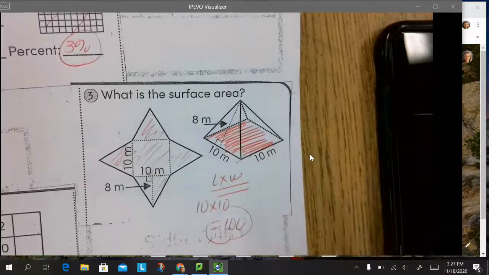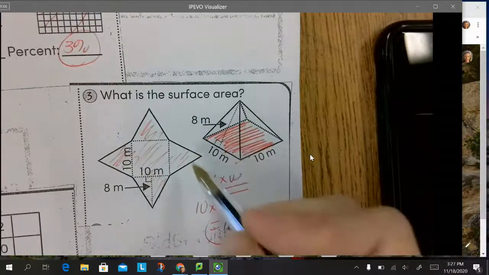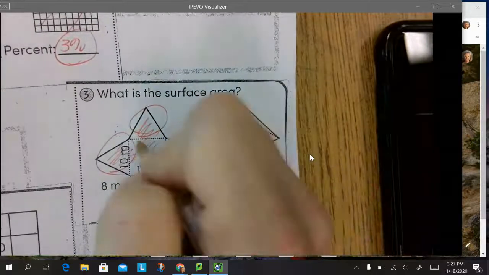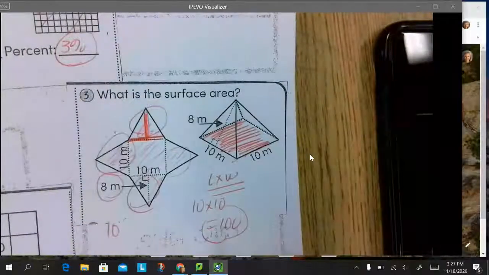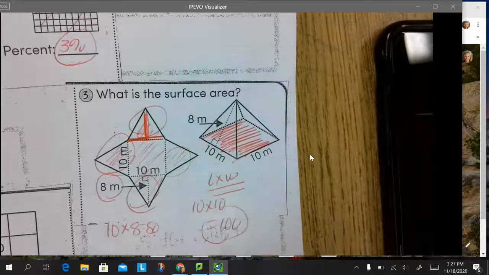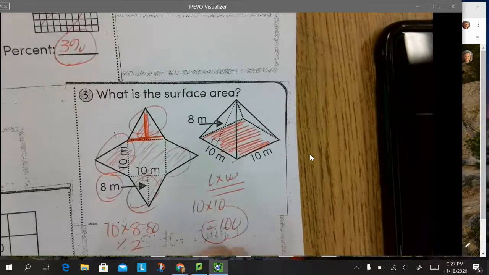And then you have all these triangle sides, or the walls. To figure out the walls, you want to do base, which is 10, times the height, which is 8, so 10 times 8 equals 80. But we have to divide it in half because it's a triangle, so it's only 40.